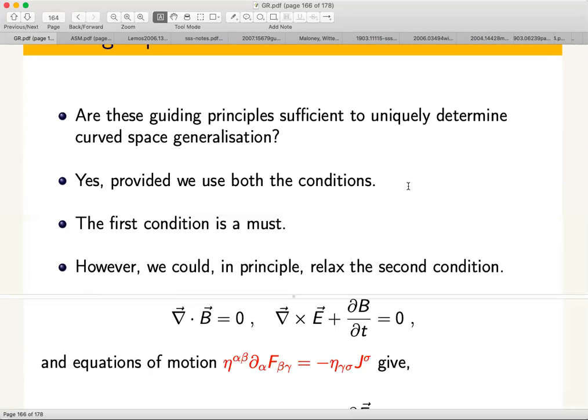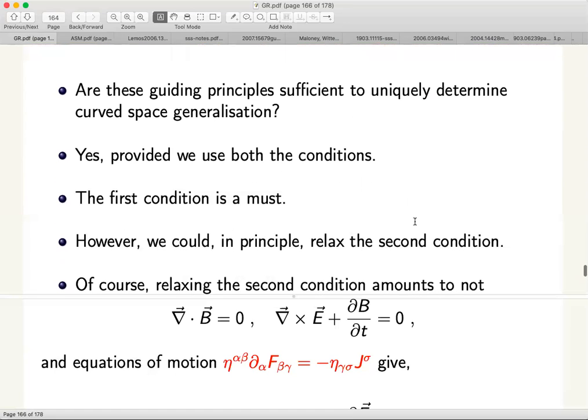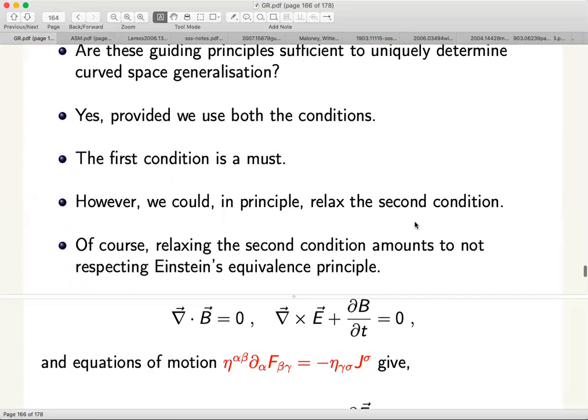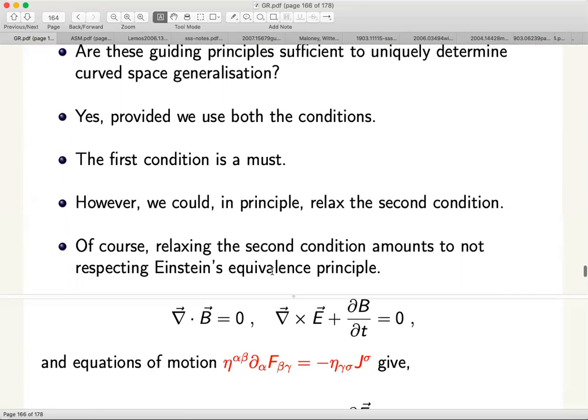But you could say that I may want to keep the first condition because general coordinate covariance is a good thing to have in a curved space-time, but how about relaxing the second condition? Now of course if you relax the second condition, then we would not be respecting what is called Einstein's equivalence principle, which states that in a sufficiently small neighborhood, the laws of physics in curved space-time are the same as the laws of physics in the special relativistic frame, or laws of physics in special relativity.